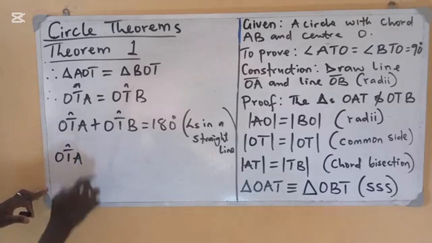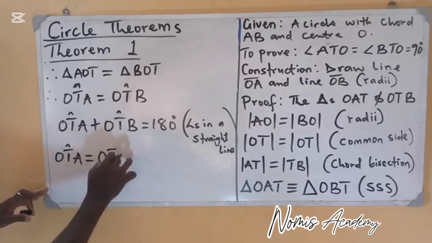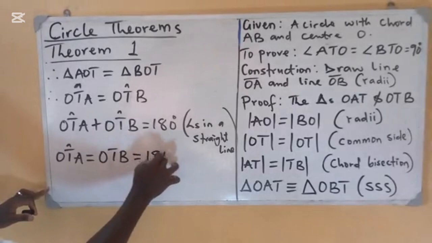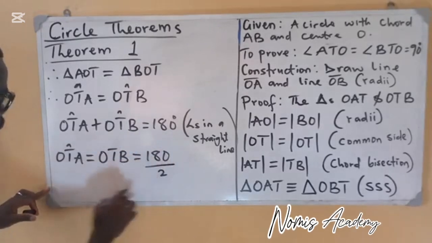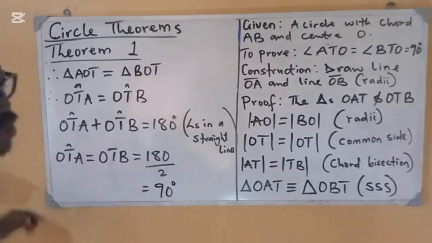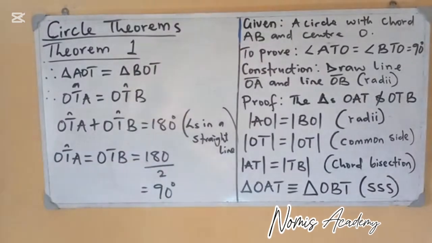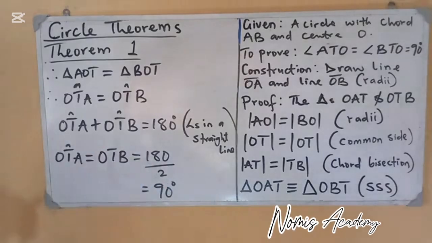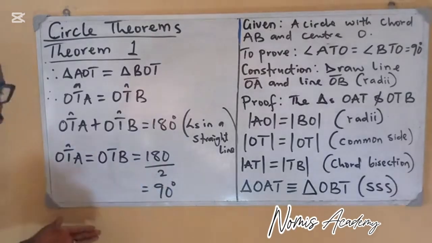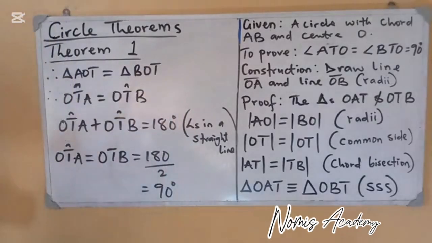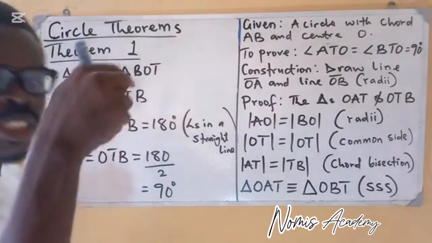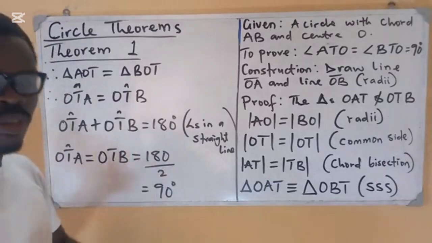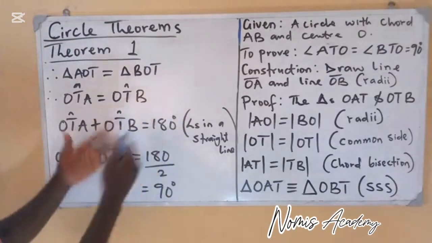OTA is equal to OTB, which is equal to 180 over 2, and then we have 90 degrees. So it means that that particular line OT is a perpendicular line. So we go back to the theorem that says that the line that joins the center of the cycle to the midpoint of a chord is perpendicular. So we've done the proof.